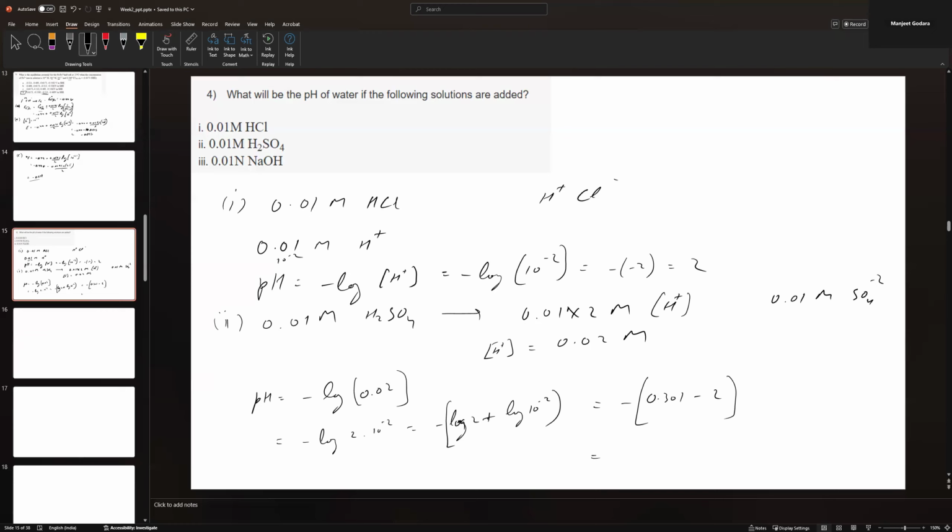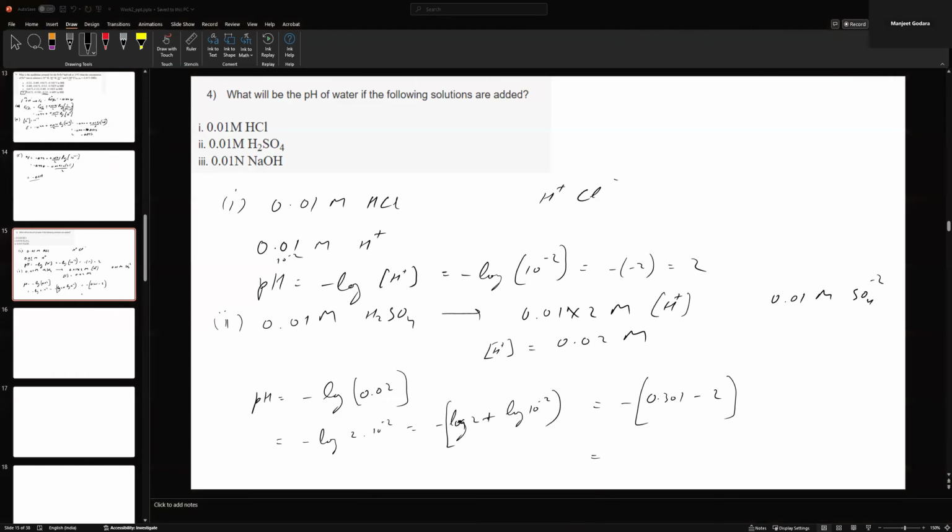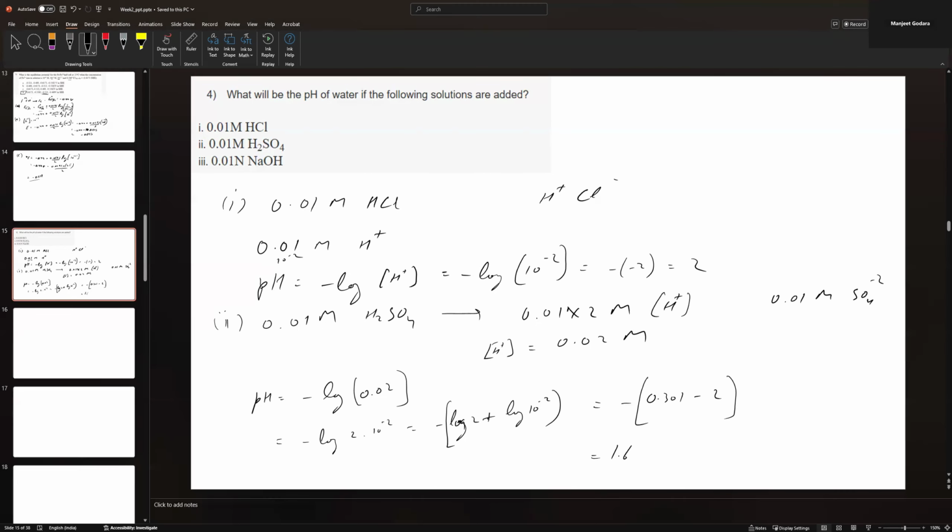So your pH is 2 minus 0.301, which is 1.7. So pH is 1.7. There goes 2, there is 1.7.